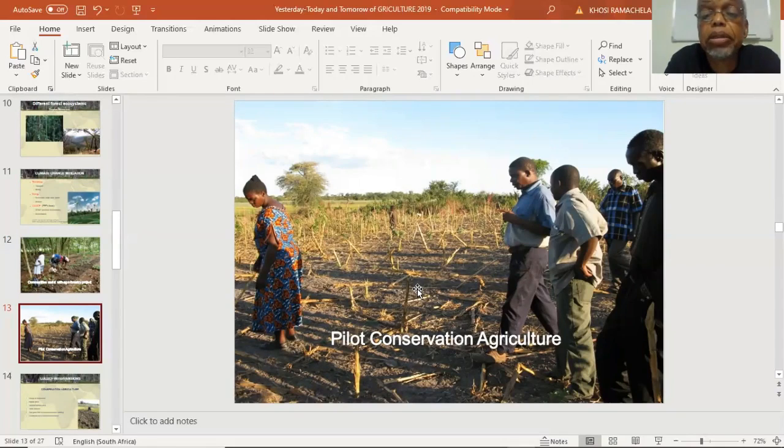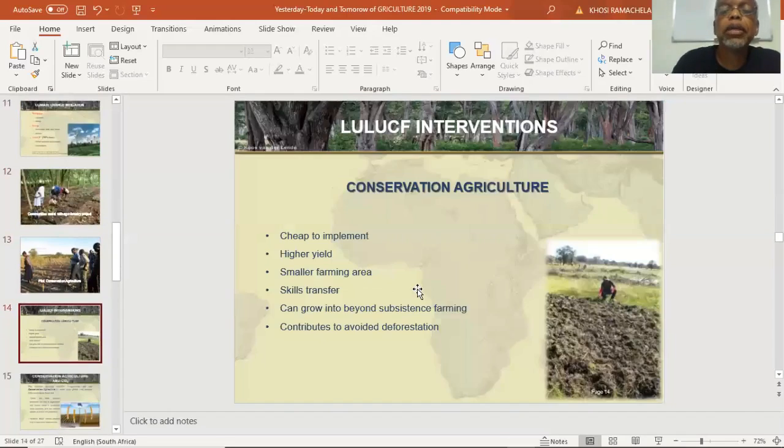This is like a pilot conservation agriculture, which promotes crop rotation and reduced tillage. When you're tilling the land, you're promoting CO2 emissions.